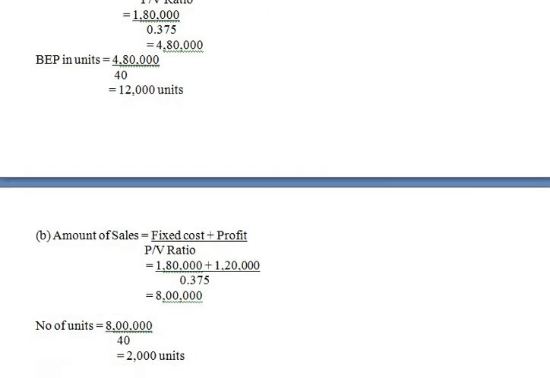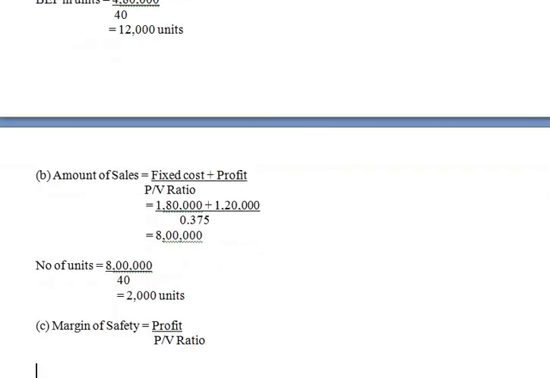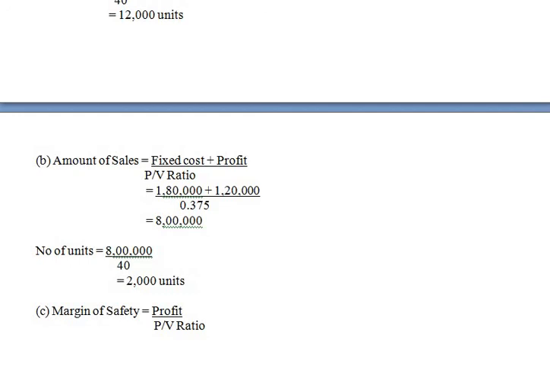Okay, now next go through the problem C, which is third point. Now find margin of safety at 20,000 units at rupees 40 each. Okay, so write down margin of safety formula, profit divided by PV ratio.